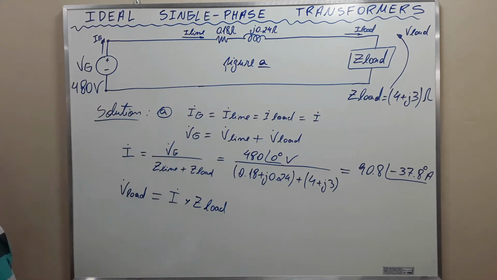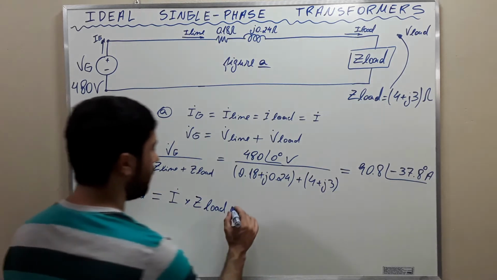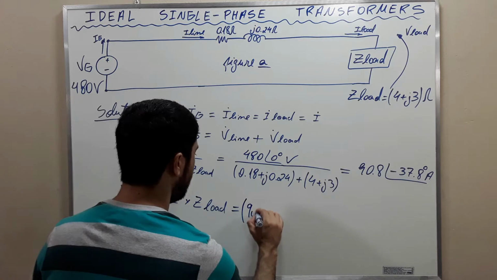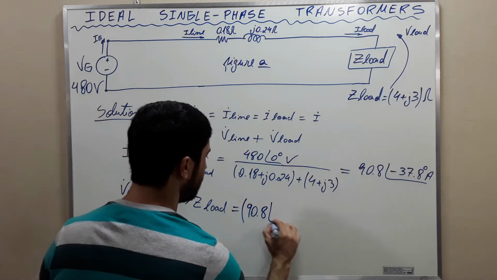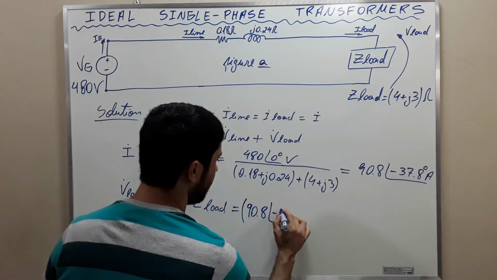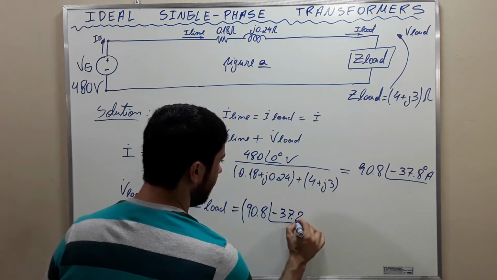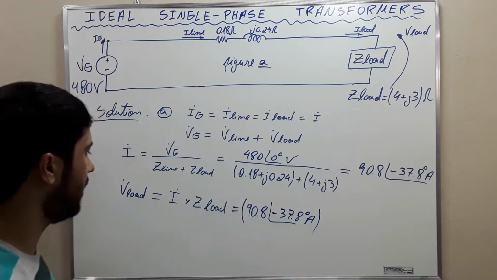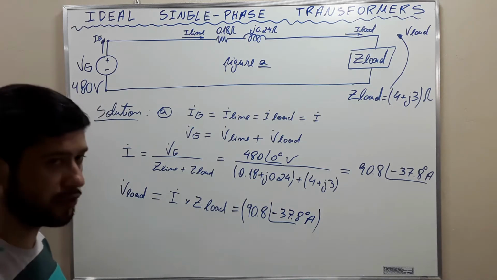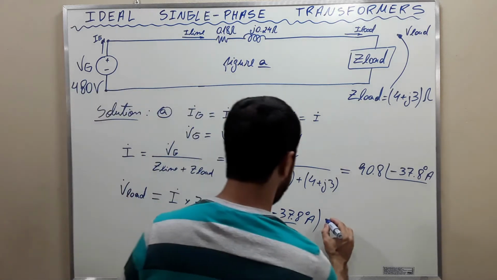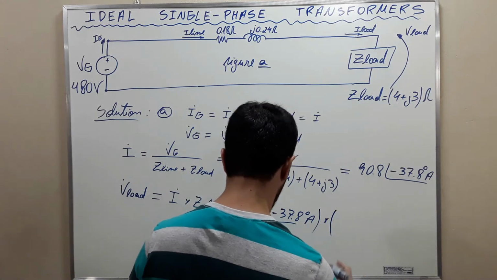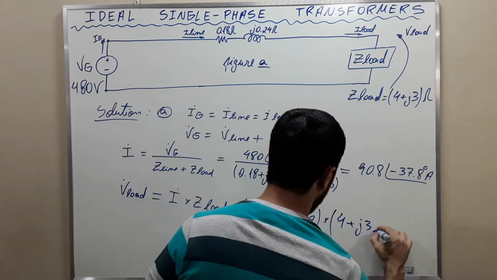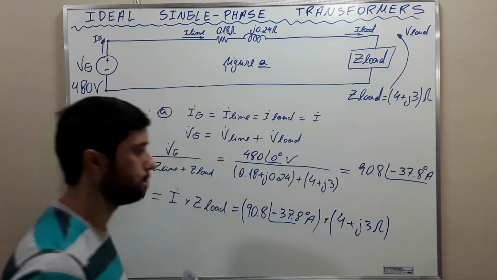We simply use the values. The current is this, 90.8 in the phase negative 37.8 degrees amperes, multiplying the impedance of the load. Four plus J3 ohms.